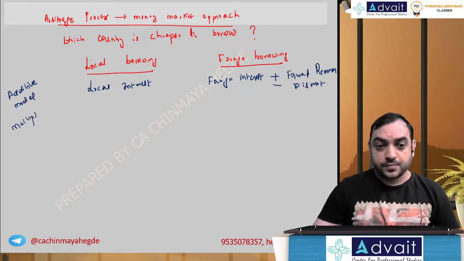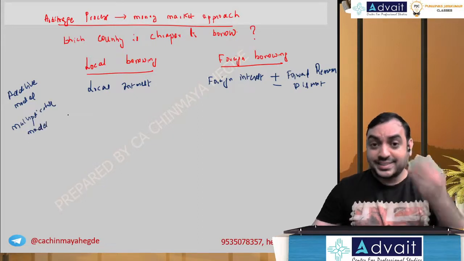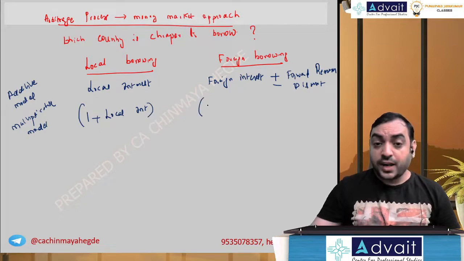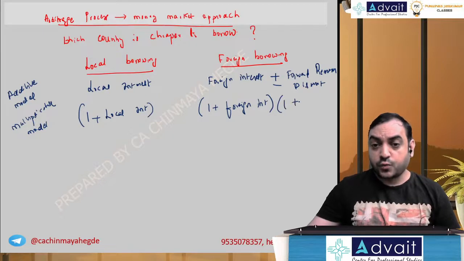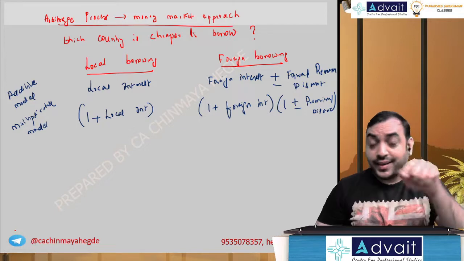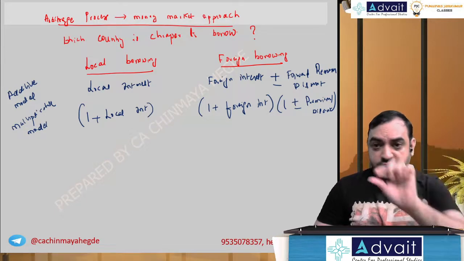If you apply the multiplicative model, to be exact, you compare 1 plus local interest with 1 plus foreign interest, times 1 plus or minus premium or discount. I'll show you the example now. Don't worry about the numbers in this example, that's only for understanding, but these formulas you write down.